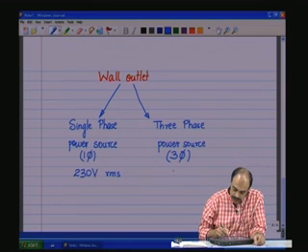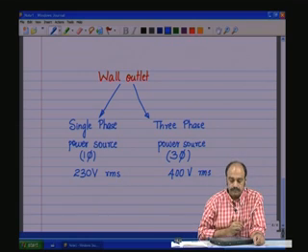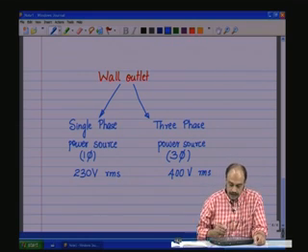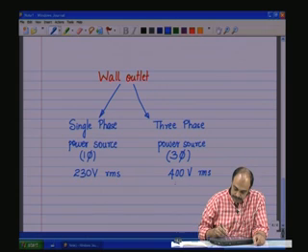Likewise, the 3-phase power source has an RMS value of around 400 volts RMS, and it has a peak value of 560 volts peak.